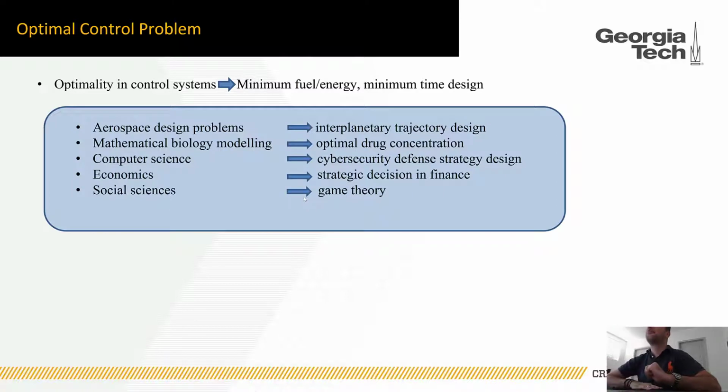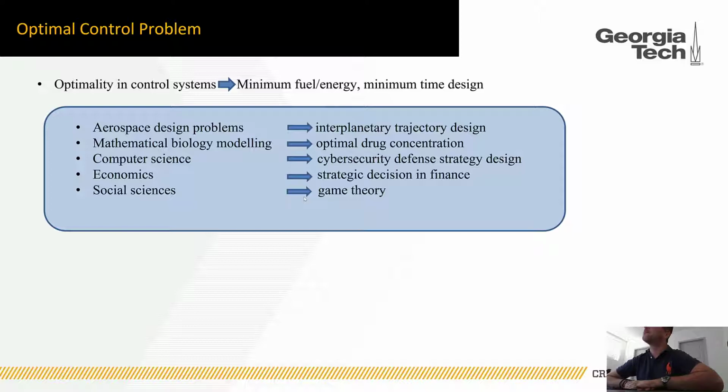Of course, on the application side, aerospace design problems, for example interplanetary trajectory design, are very important optimal control problems. In biology, how you can give the optimal dose of drugs. In computer science, cybersecurity defense is also an optimization problem that you can solve as a minimax optimization problem, where you are the good player and there is a bad player, and you have to have the best answer towards the worst-case attack that can happen.